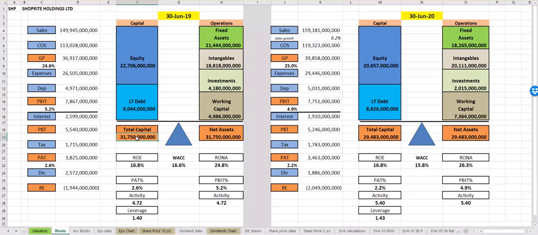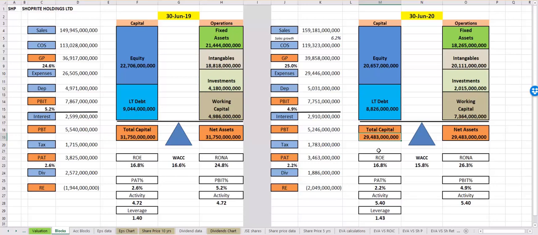There's less debt on the balance sheet, and also there is some impairment of assets, which has had an impact on the amount of capital in the business under the retained earnings side. So the invested capital has dropped from, let's call it 31.7 billion down to 29.4 billion. Now that invested capital is what I want to measure the performance against in this business.